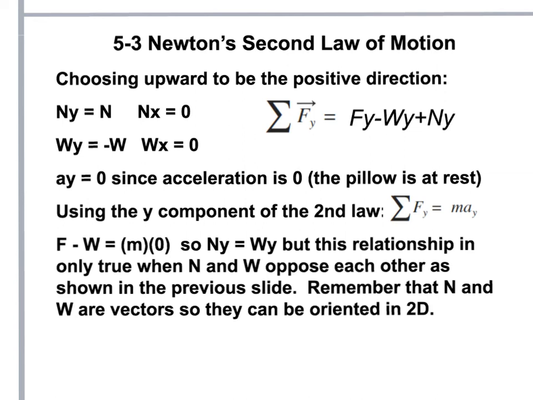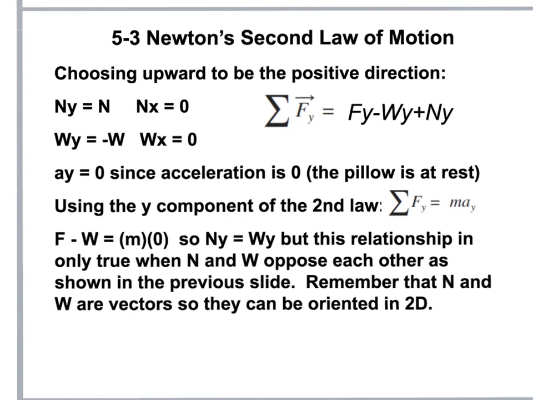So when we want to sum all of those forces, all of our forces are in the y direction. We have our applied force or the force of the pillow, the weight, and the normal force. And because the acceleration is 0, that means the pillow's at rest. So then we can use the y component of Newton's second law. When we do that, this is our F equals ma.